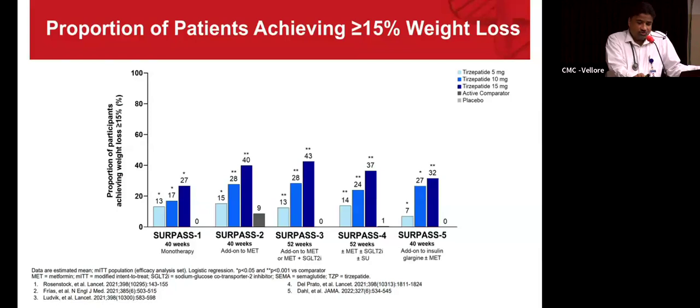This slide shows people who have achieved more than 15% weight loss. So if a 100 kilogram person becomes 85, that's what it shows. The quantum of weight loss is really huge. The number of people who've achieved more than 15% weight loss is about 30 to 40%. That's showing that this drug is extremely effective, not only for diabetes, but also for weight loss.